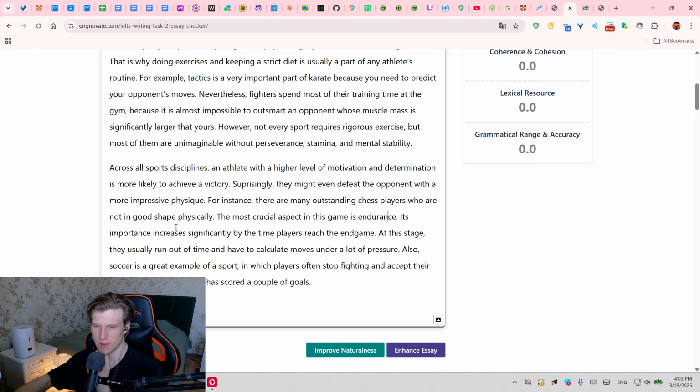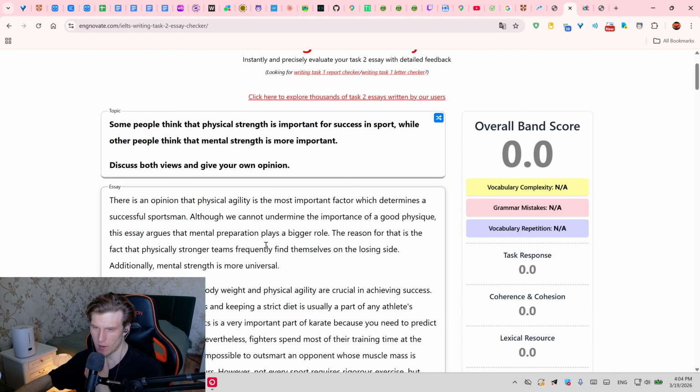Is endurance. Its importance. Stage, yeah. Have to calculate moves under a lot of pressure. Okay. Also, soccer is a great example of a sport. Well, I like it. That's fine.